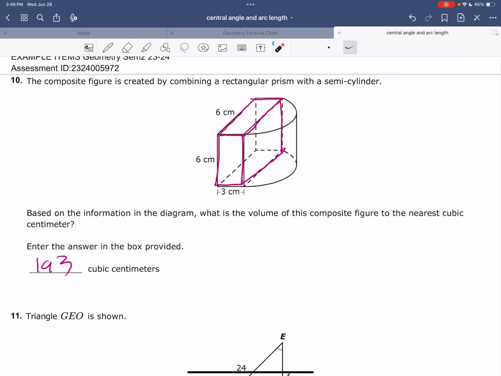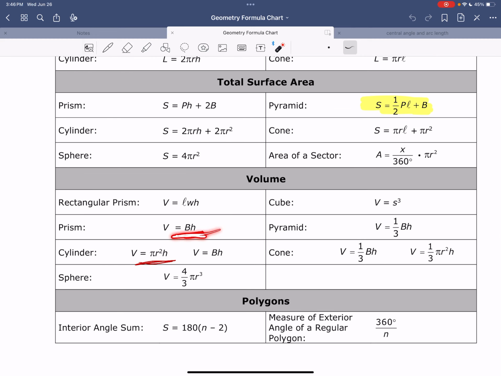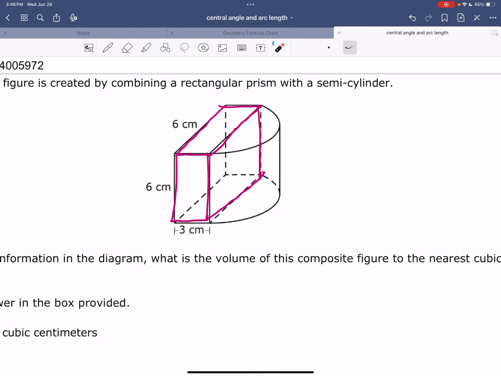So according to the formula chart, the volume of the prism is base times height. So I'm going to consider this as a base. Base times height. So base is going to be what?